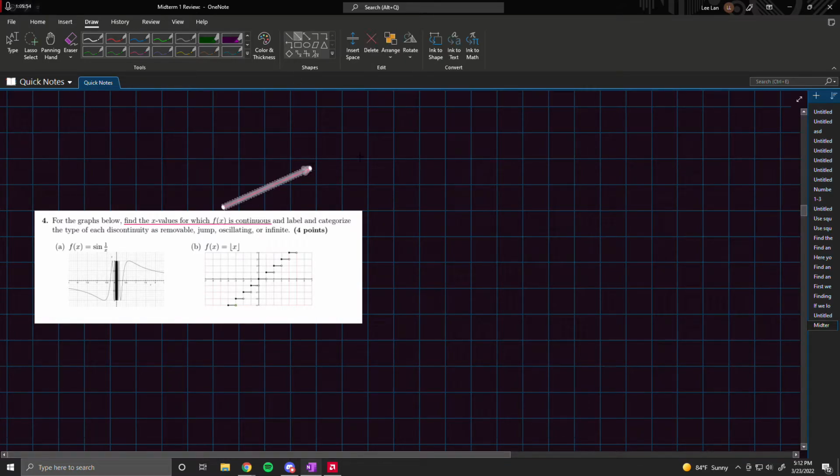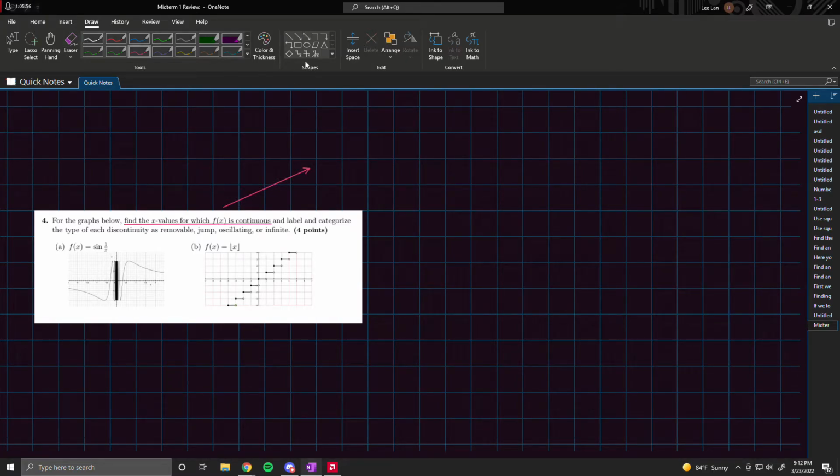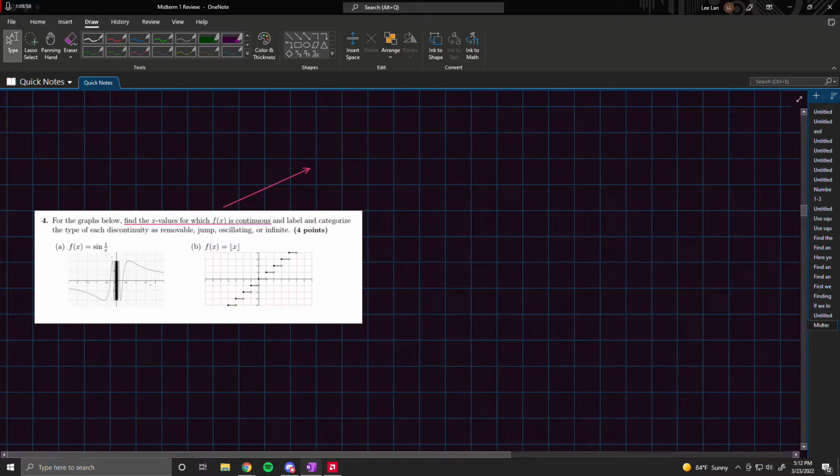In the context of this problem, which is another graphing problem, what's important is not necessarily the technical term of what continuity is, but whether I can draw this without lifting my pencil. And label and categorize the type of each discontinuity as removable, jump, oscillating, or infinite.